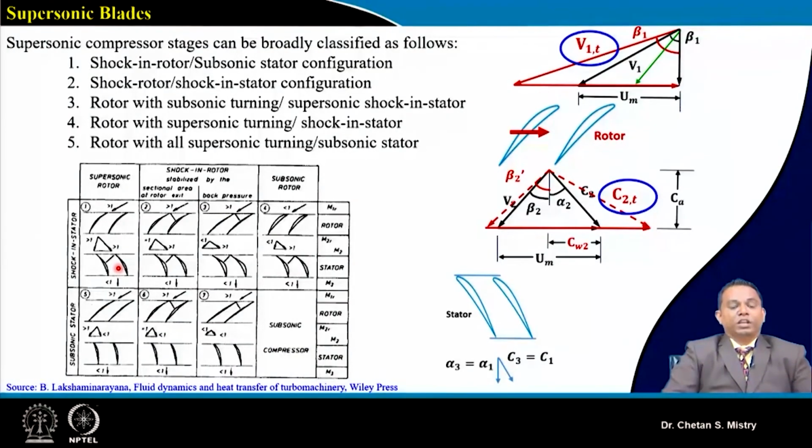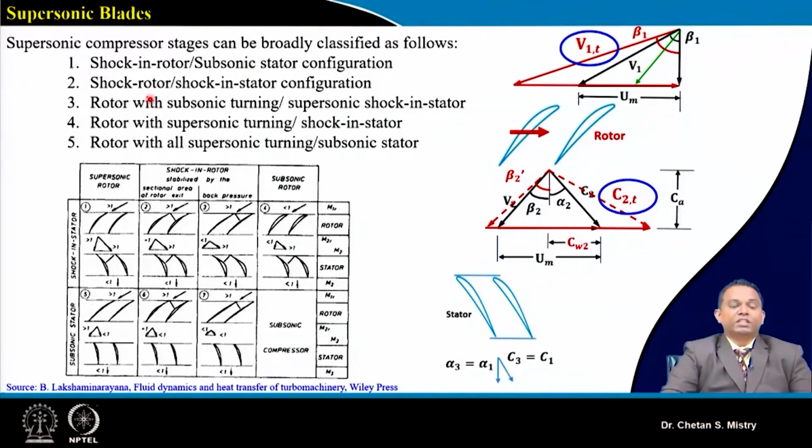Now supersonic compressors can be categorized in a different way. We will be having shock in rotor with a subsonic stator configuration. So we will be having shock subjected to the rotor and my flow within the stator will be subsonic.